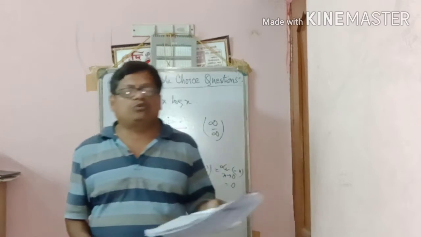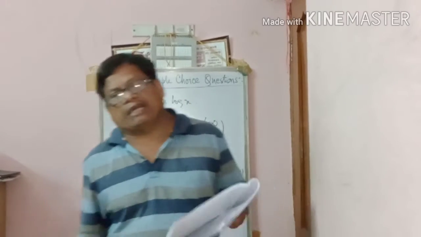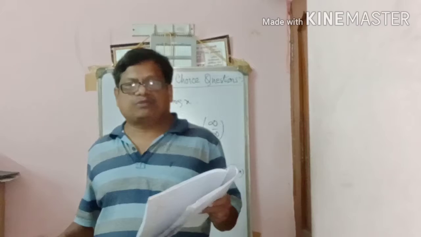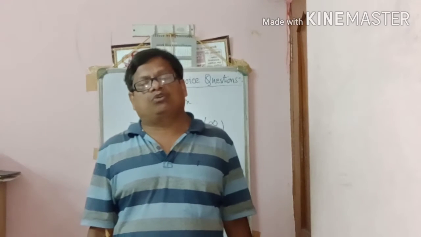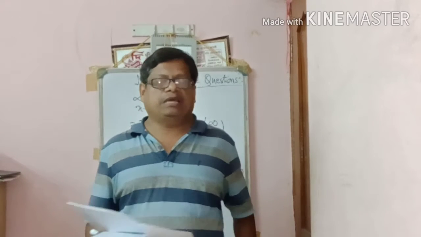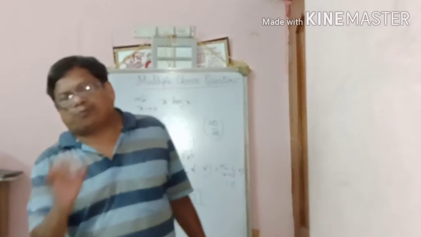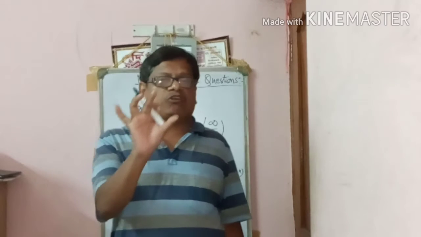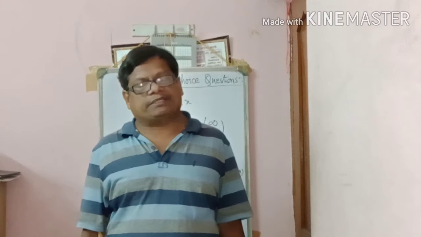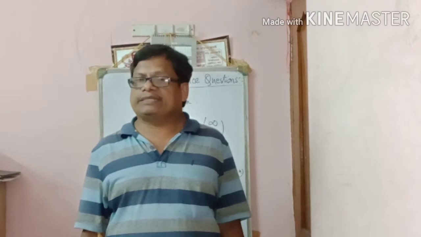All of you know the given function is continuous at x equal to 0 but not differentiable, because the left hand derivative is not equal to the right hand derivative at x equal to 0. For Rolle's theorem, all of you know three conditions are there.